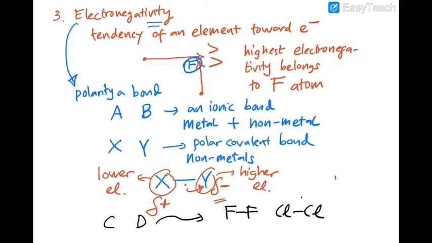We call this a diatomic system because we have only two atoms. And since they both are the same, there is no difference in electronegativity in F2, and of course there's also no difference in electronegativity in Cl2.